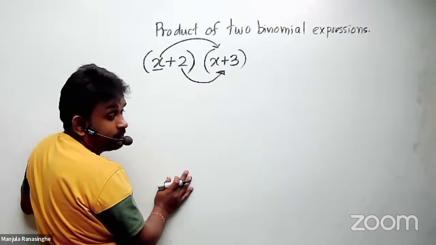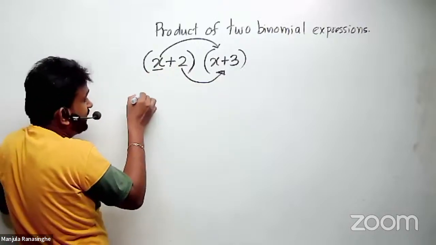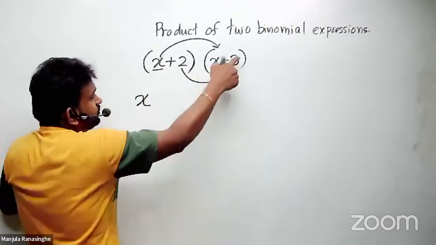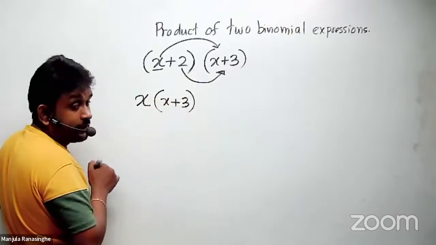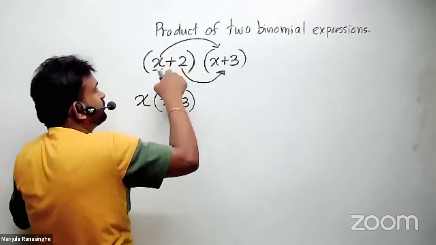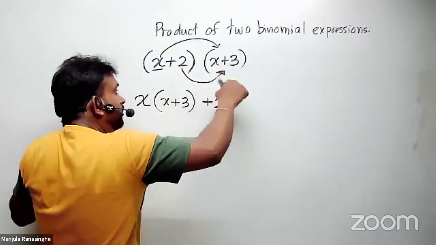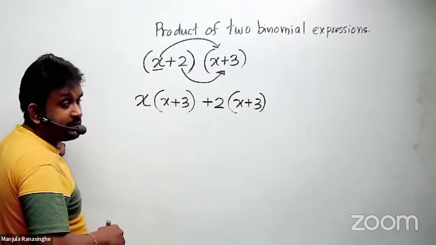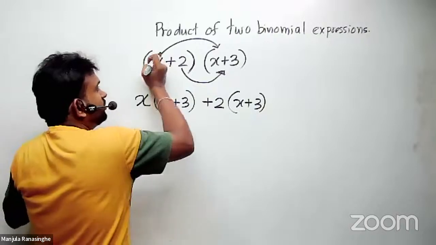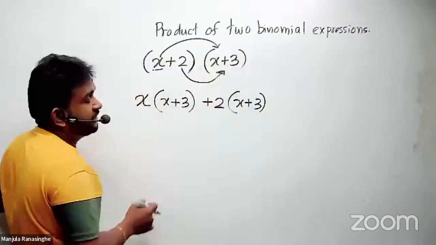So x is taken and multiplied with the whole expression x plus 3. Now plus 2 is taken and multiplied with the whole expression x plus 3. That's our understanding: the first term with the whole second expression, the second term with the whole second expression.